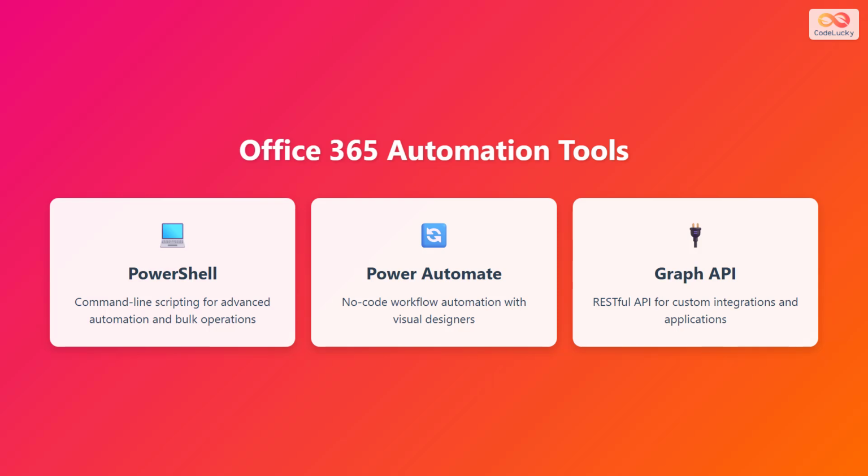The Microsoft Graph API is a RESTful API that enables developers to build custom integrations and applications that interact with Microsoft 365 services. Understanding when and how to use each of these tools is essential for creating an effective automation strategy.